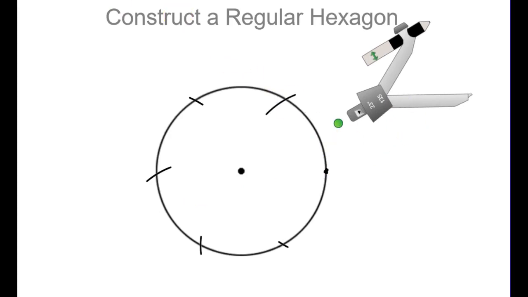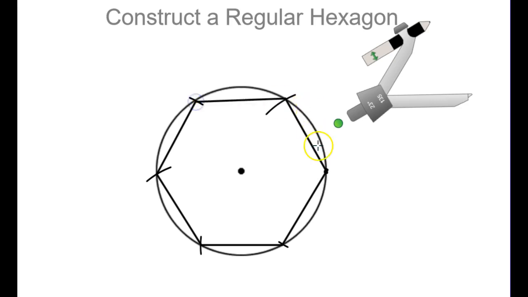All we have to do now is connect all of these segments. So if I connect this intersection over to here, connect to here, continue on. And now we have a regular hexagon.